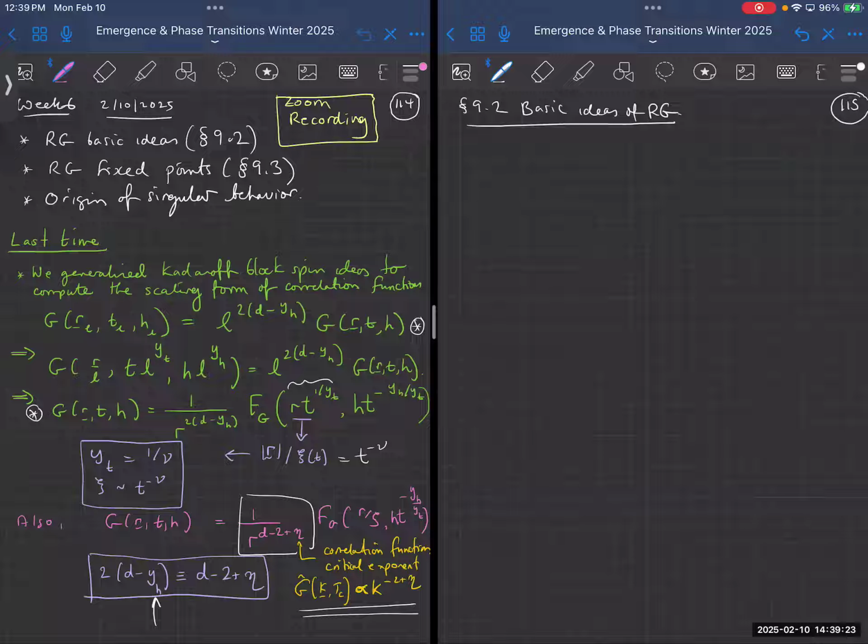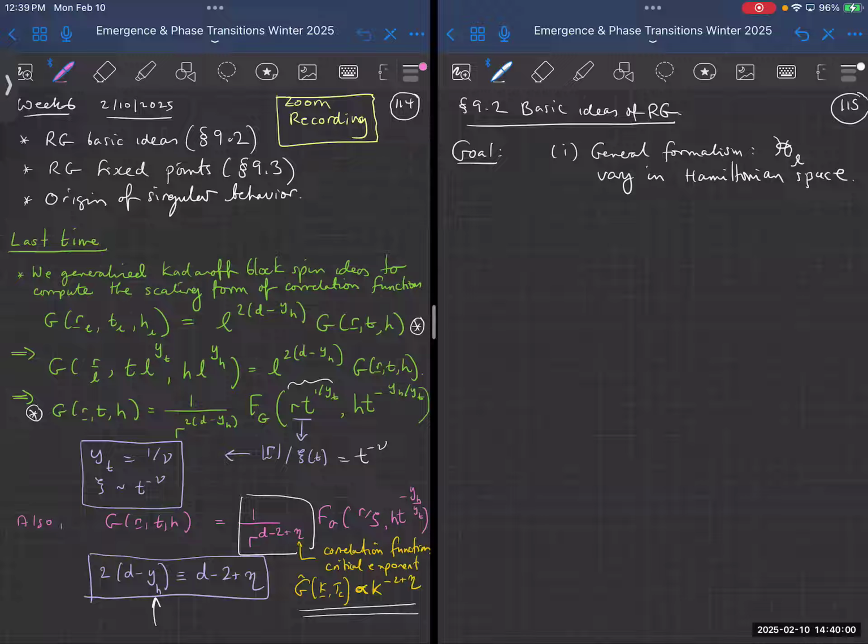Our goal is as follows. First of all, we're going to introduce a very general and pretentious formalism that will basically describe how Hamiltonians, as a function of scale, vary in Hamiltonian space. Let's just unpack that.